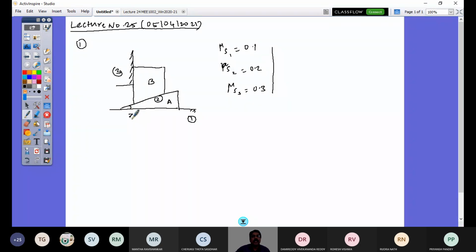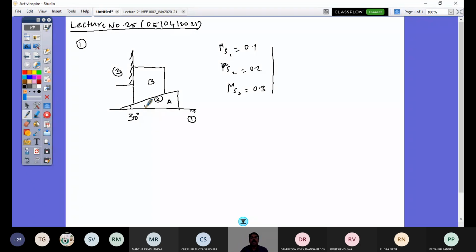This is 30 degrees inclination. Now the two blocks, A a wedge and B a load, can they stay under static equilibrium? That's the first question.